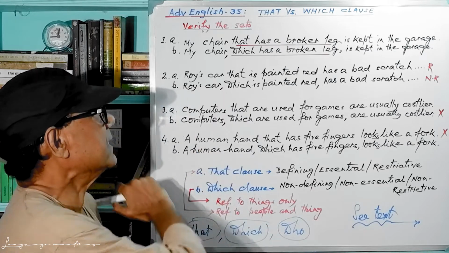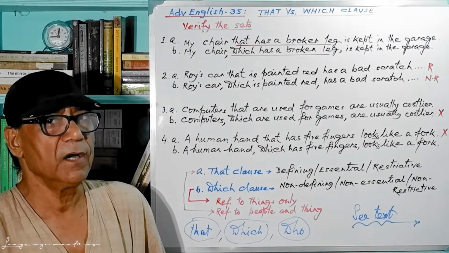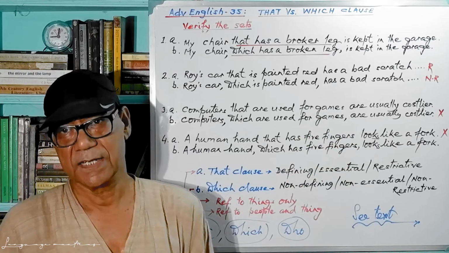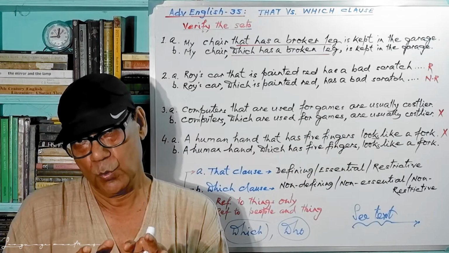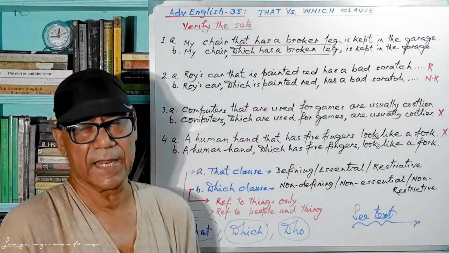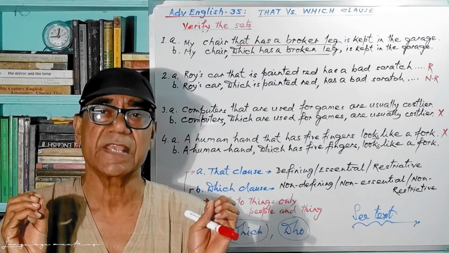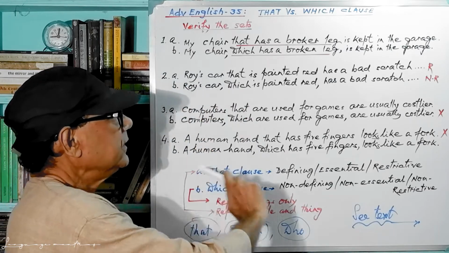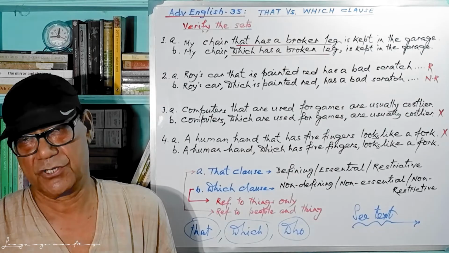Whereas in the second sentence, my chair, comma, which has a broken leg, comma, is kept in the garage. If you just delete that clause, which has a broken leg, the sentence remains intact and quite fine. My chair is kept in the garage.